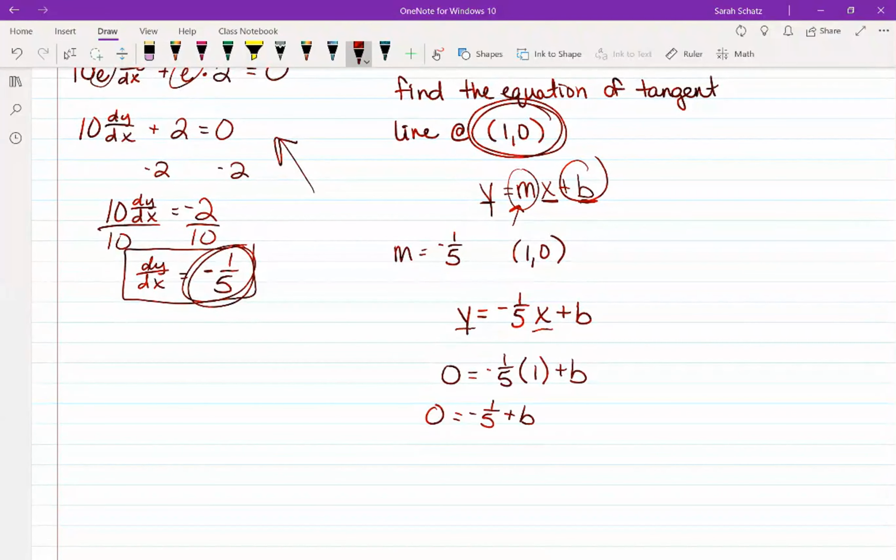To get b by itself, let's add 1/5 to both sides. So over here, you'll just have positive 1/5 equals b. So b equals 1/5 isn't your equation, right? But you put that 1/5 into your equation for b. So the equation of the tangent line on this one is, you put in your slope of negative 1/5, so y equals negative 1/5 x plus b, which you just found is 1/5.